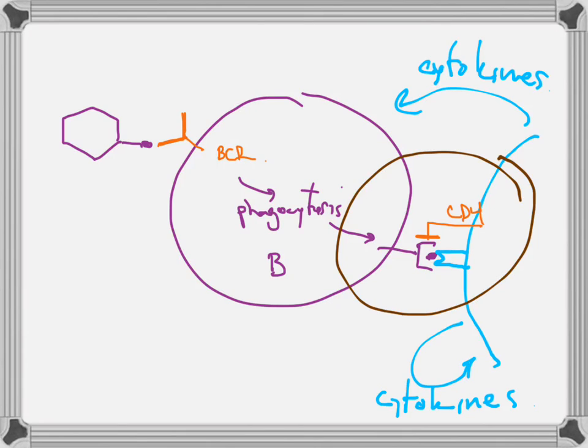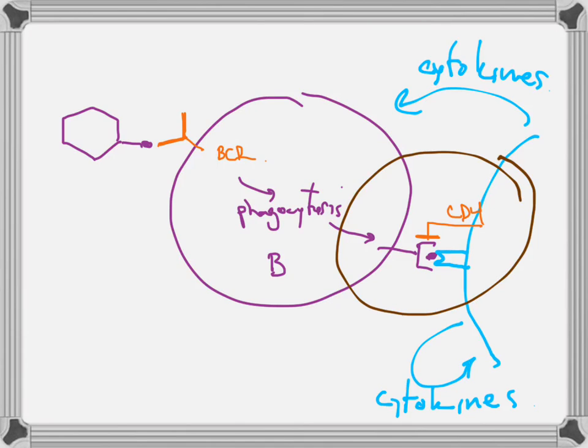What does an activated B cell produce? Produces antibodies. Okay. When a B cell becomes activated, it goes from a resting state, and one, it will begin to proliferate. So we get a bunch of B cells produced.